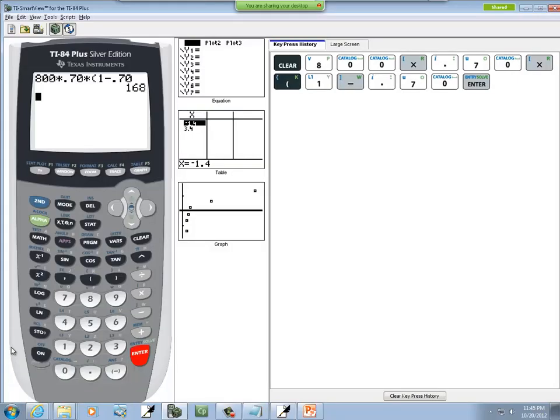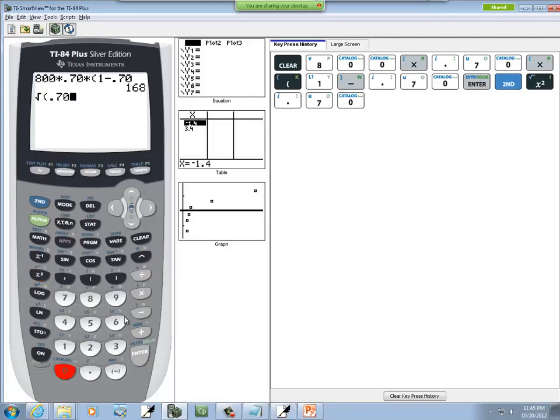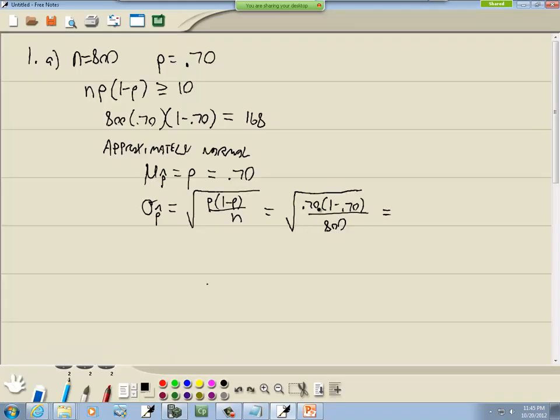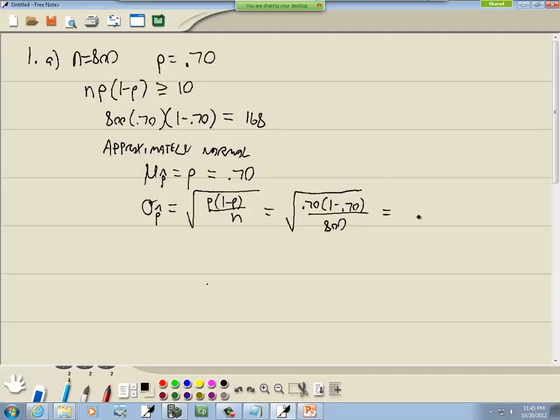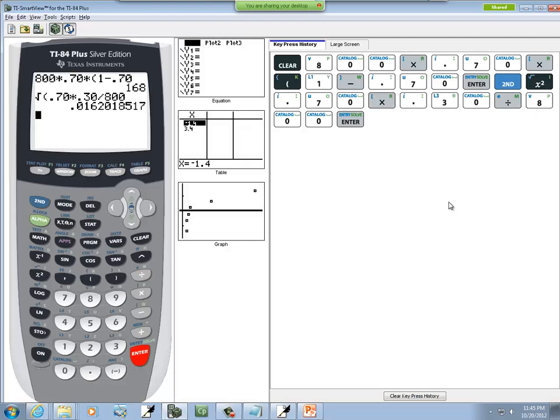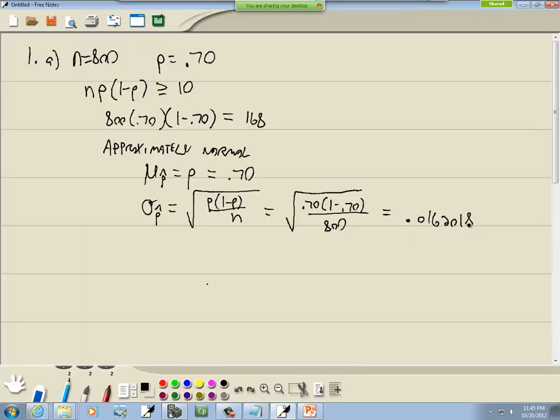Let's see what that is. Second x squared for the square root. 0.70 times 0.30. If the first one's 70%, they have to add up to 100%, so this is 0.30. Divide by 800. Enter. And it'd be 0.0162018517.